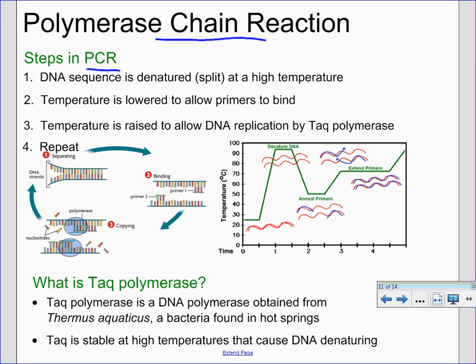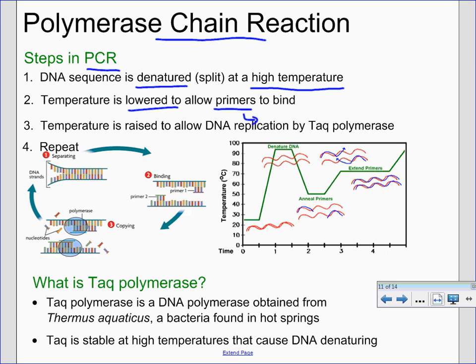So in PCR, the DNA sequence gets denatured, or basically separated, at a high temperature. Remember, high temperatures can break hydrogen bonds, so increased temperatures can cause DNA to separate. The temperature then gets lowered within the reaction vessel, which will allow those primers to bind.